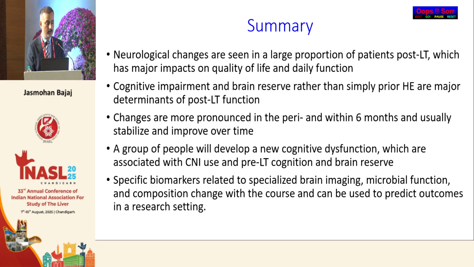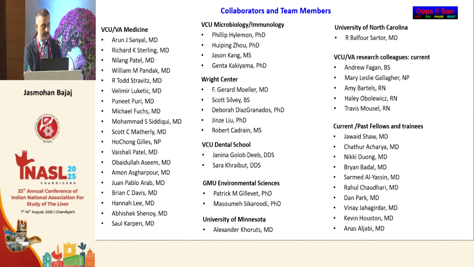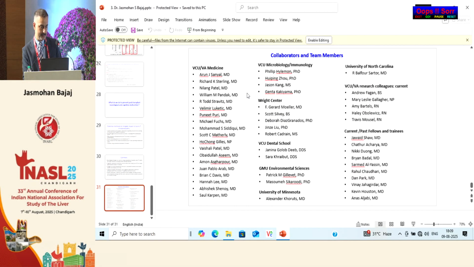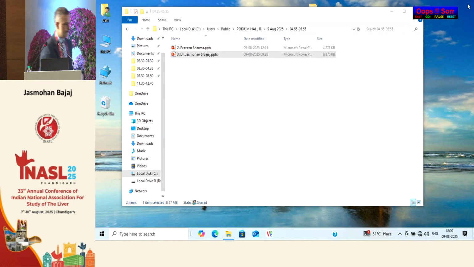However, a group of people will develop a new onset cognitive dysfunction, which is associated with CNI use and can be improved with switching. Specific biomarkers related to imaging, microbial function and composition change with the course and can be used to predict outcomes in a research setting. These are my acknowledgements, and thank you for your time.